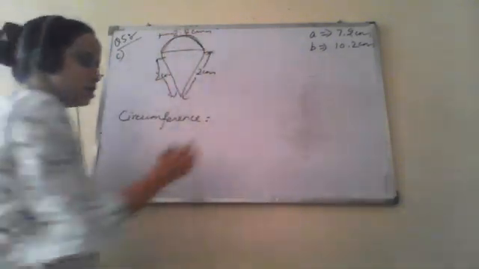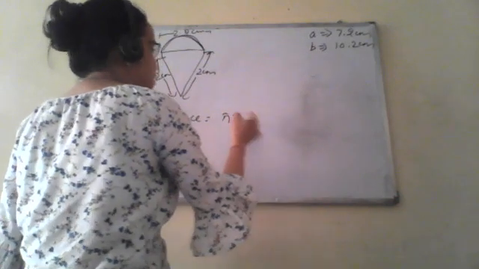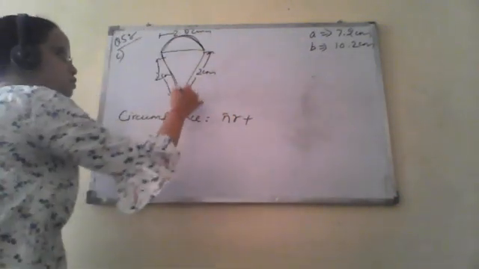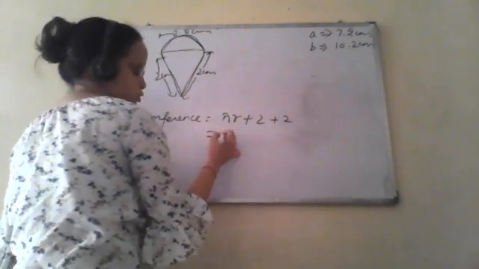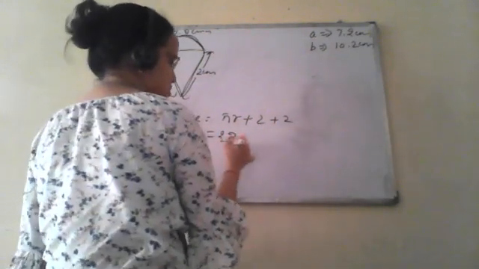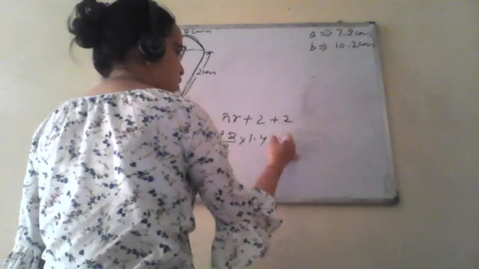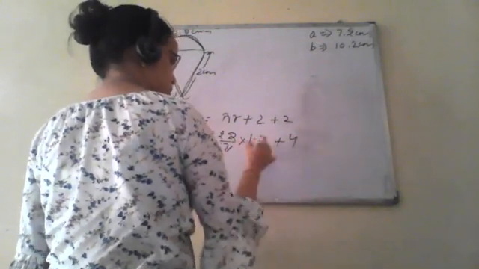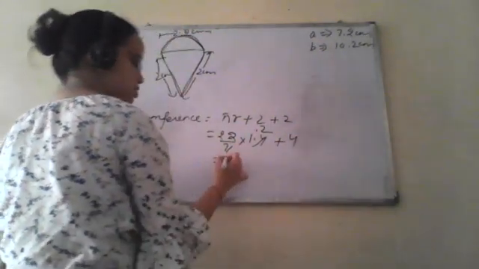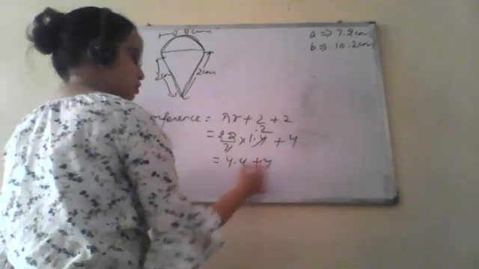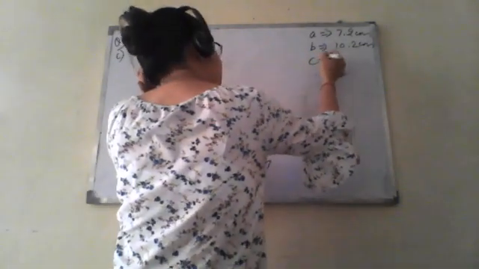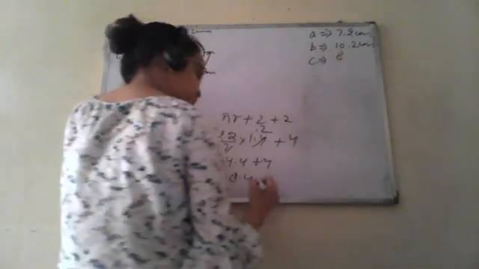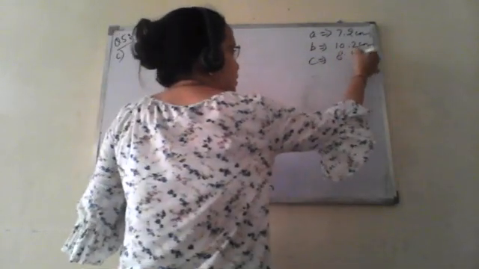Circumference of this semicircle is pi r, and plus this 2 centimeter, this 2 centimeter. This is 2 plus 2. So pi is 22 by 7 and r is 1.4. 2 plus 2 is 4. It is 4.4 plus 4, that is 8.4. So for third shape, he will have to travel 8.4 centimeter.